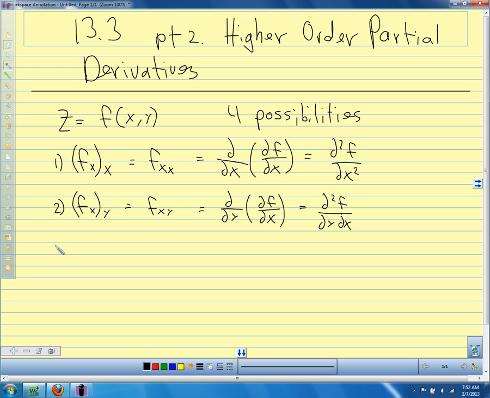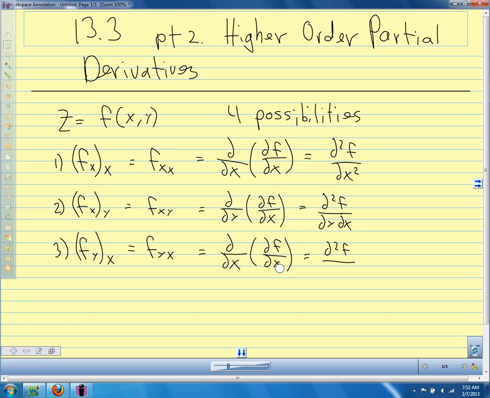Our third possibility is the mixed partial in the opposite order. We're taking the partial with respect to y, and then the partial of that with respect to x. And this equals the partial with respect to x of df dy, and we write d squared f dx dy.